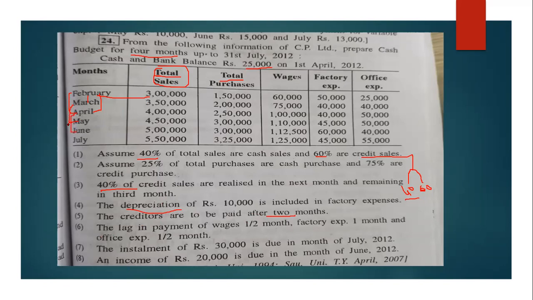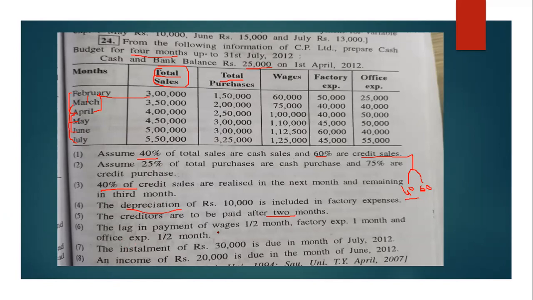And for May, it will be in July. After 2 months, it is the given information. So February's purchases are paid in April, and like this we have to find out the payment for the creditors.